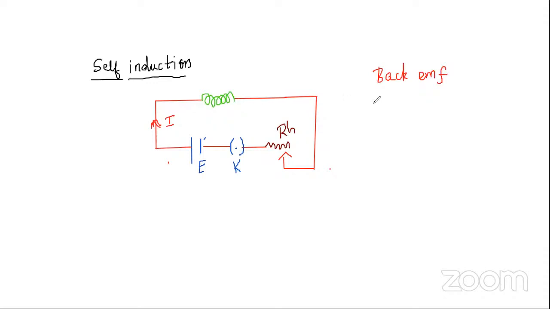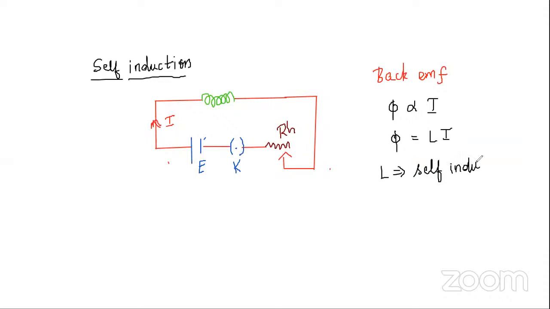The magnetic flux is directly proportional to the current flowing through the coil. So phi is proportional to current. When you remove the proportionality, you have to put a constant.